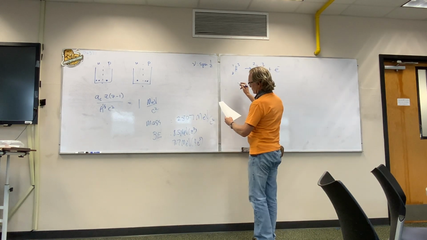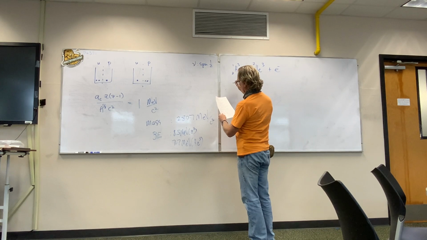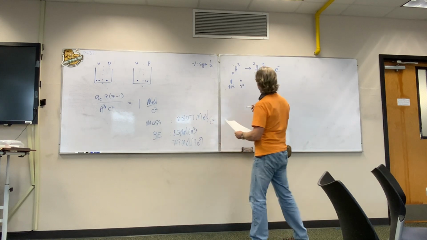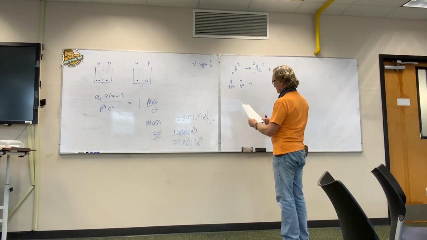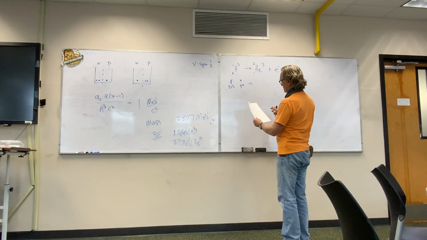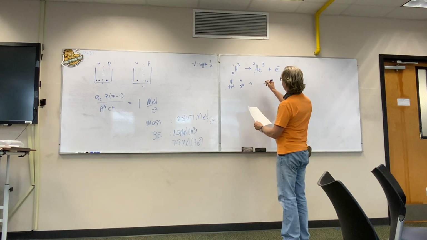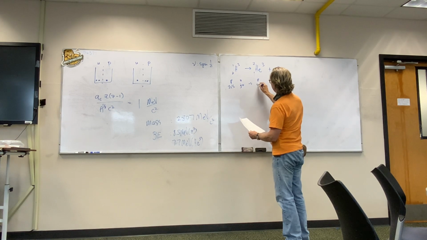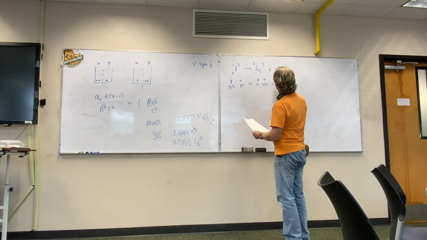What you find out is the neutron is in J = 0, and the proton is in state 1s 1/2. Over here, the protons are in J = 0, and the neutron is in 1s 1/2.